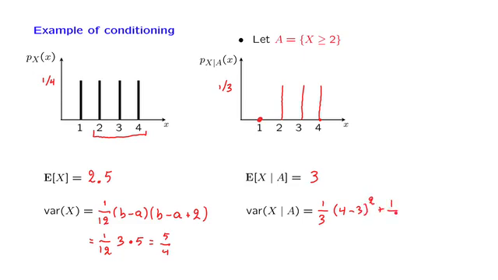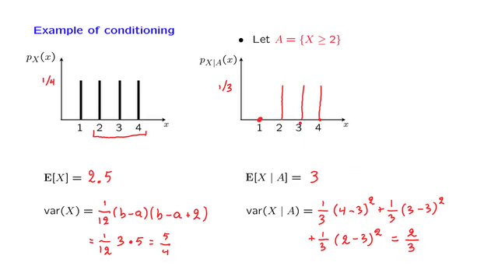With probability 1/3, our random variable takes a value of 3, and with probability 1/3, our random variable takes the value of 2. This term is 0. This is 1 times 1/3. From here we get another 1 times 1/3. So adding up, we obtain that the variance is 2/3.